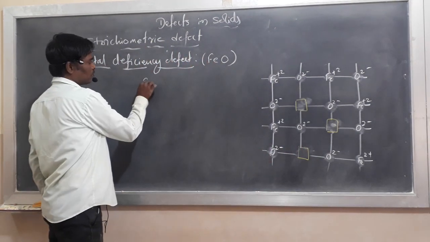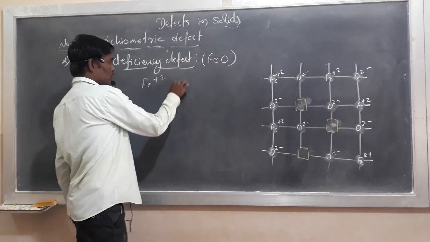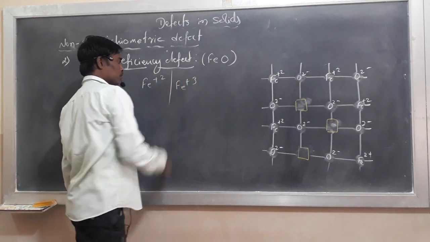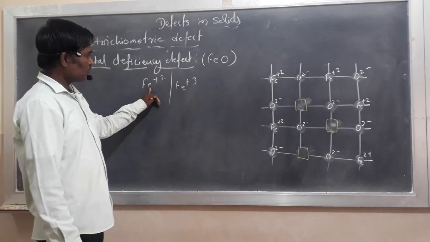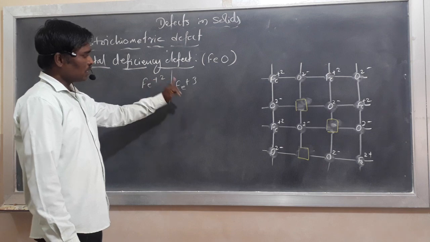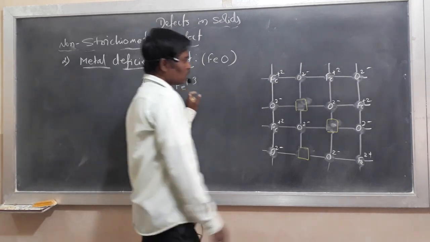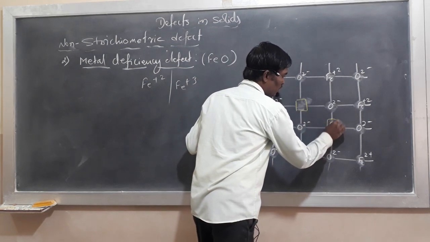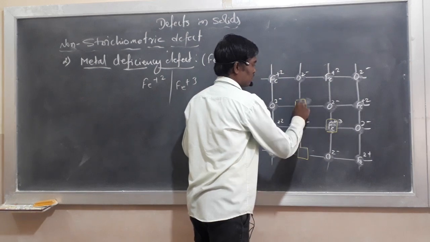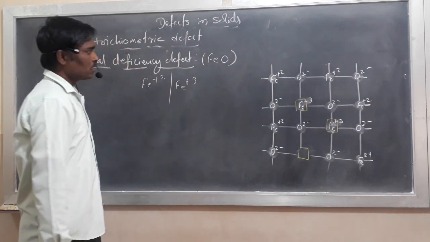Here iron shows both the oxidation states, Fe plus 2 as well as Fe plus 3. During formation of the crystal, some of the Fe plus 2 ions are replaced by Fe plus 3 ions. Here 3 Fe plus 2 ions are replaced by 2 Fe plus 3 ions. These two are Fe plus 3 ions.